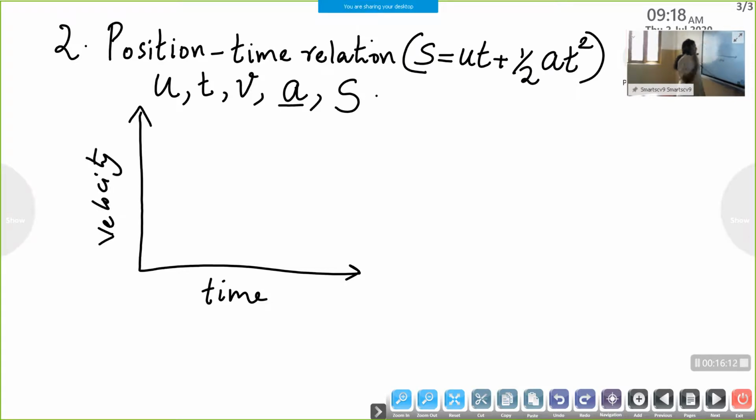Now, you can mark it in your rough book along with me. So, starting point, and it has an initial velocity u, and its final velocity is v after a time t. So, you are going to get a straight line graph.